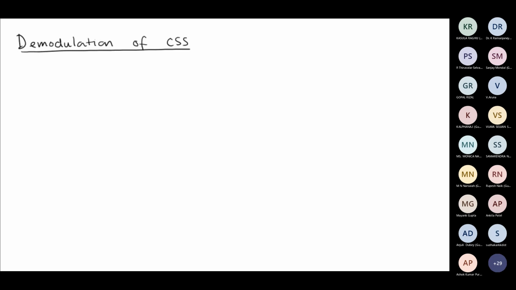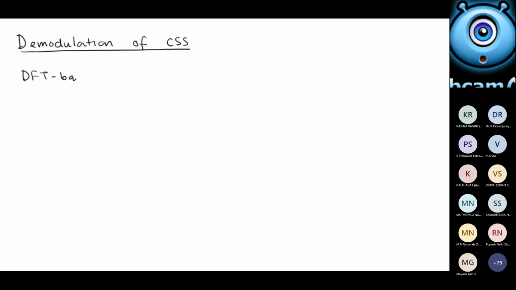In particular, the type of demodulation we will be discussing is known as DFT-based demodulation, which is done in the discrete domain, as I mentioned, using the sampled versions of the CSS signal.